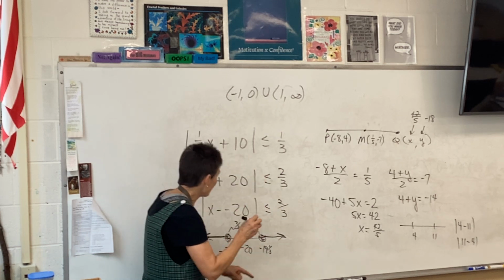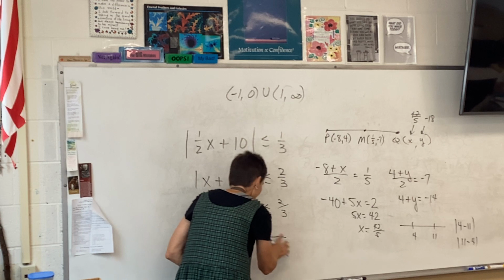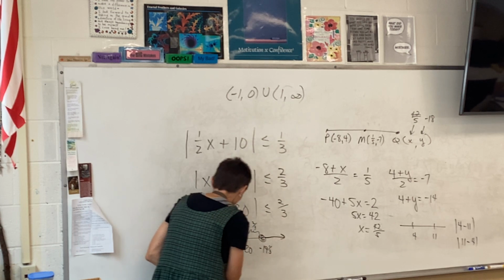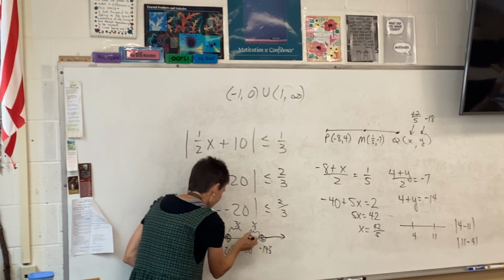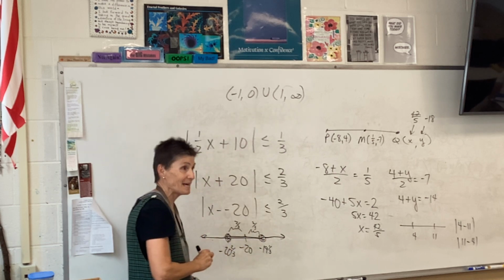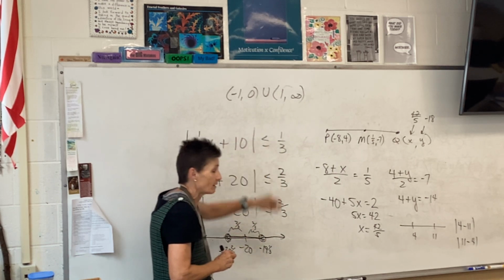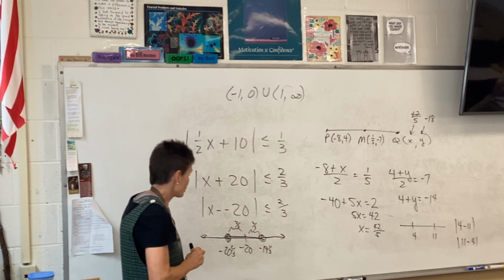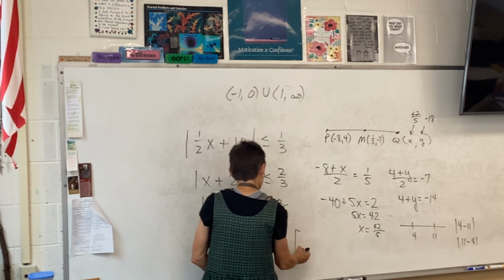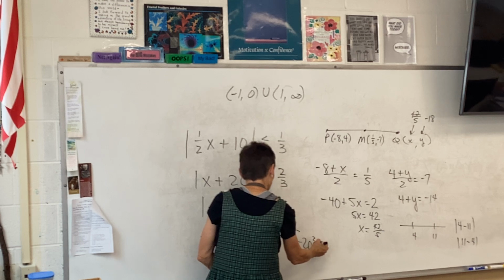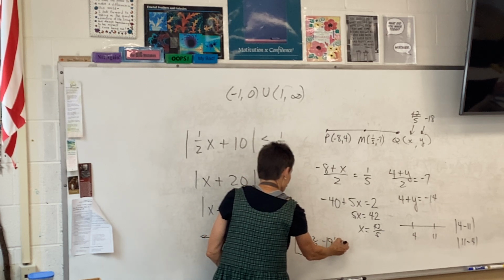Since I don't want to be more than, I want to be less than. You guys almost let me get away with that. That's a less than. So I want to be in here, don't I? If I'm less than 2/3 away, that's a less than right there. So my answer is everything between those: negative 20 and 2/3 to negative 19 1/3.